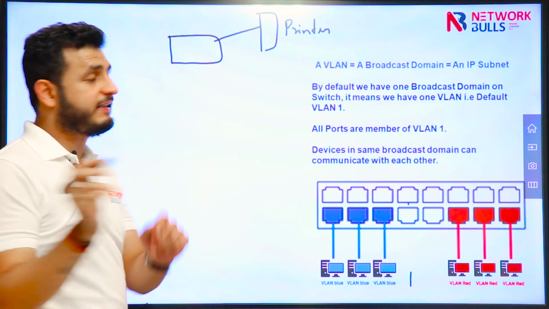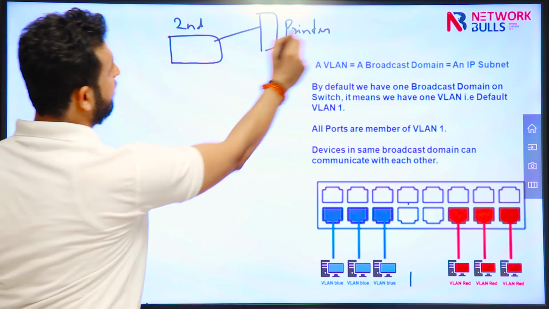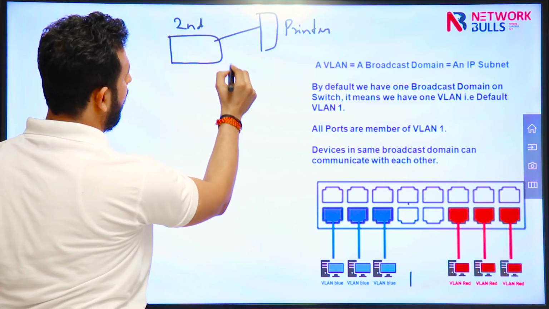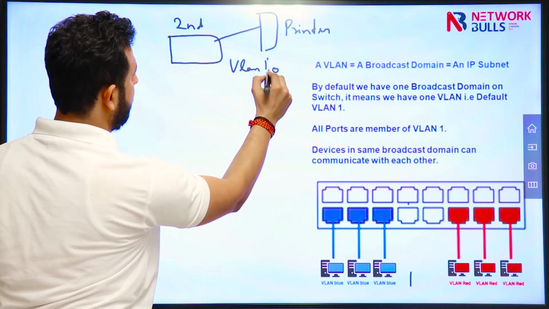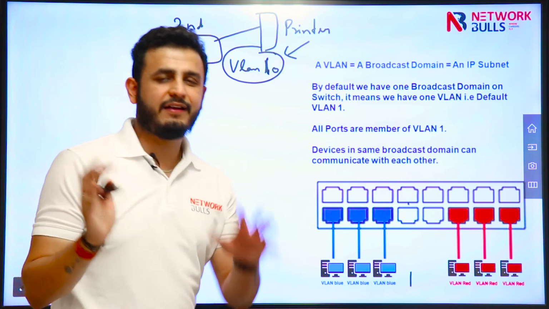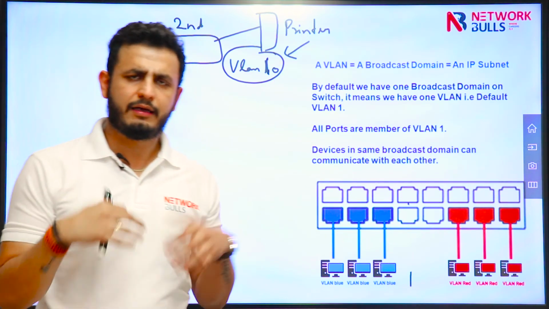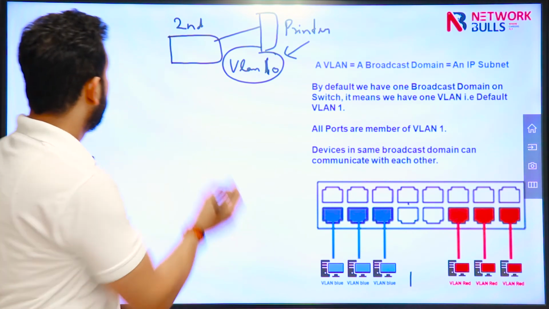And this switch is on the second floor. And this printer is a member of VLAN, for example, 10. We will discuss the range of VLANs and everything in the next video. In this video, we will just discuss what is VLAN.